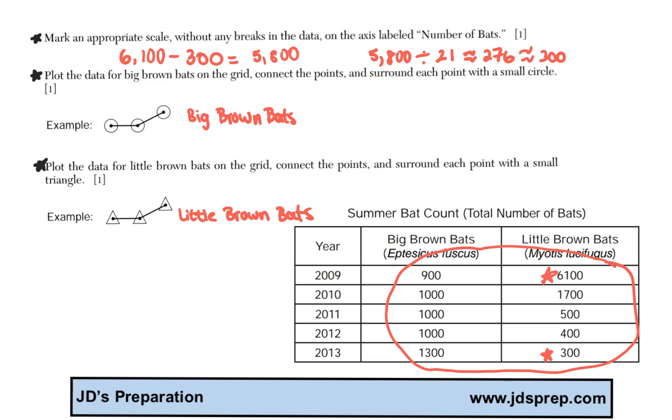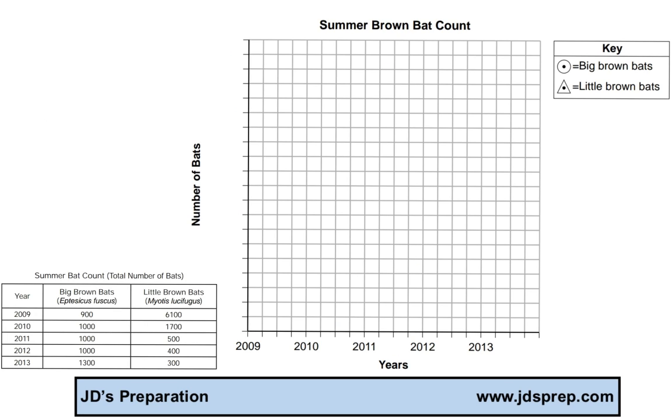Recall that we're going to be using 300 as our scale. So we're going to count by 300s to be able to plot all of our given data on the next slide. Let's start plotting our graph using our determined increments. Remember, we're going to count by 300s.